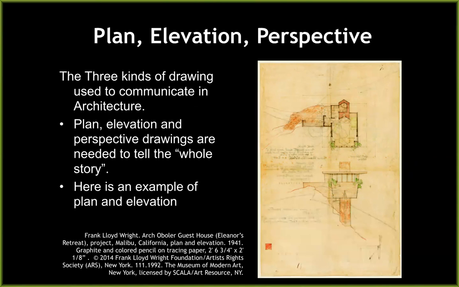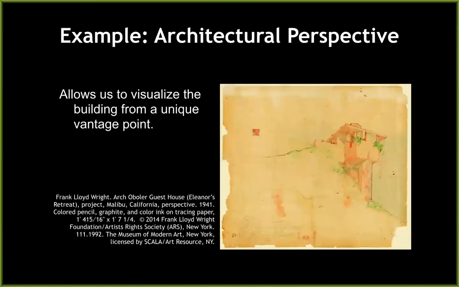Then there's an elevation drawing, which shows you what this is going to look like in comparison to the land. And then there's a perspective drawing, which shows you the finished or the concept from a particular vantage point and gives you that sense of depth and three-dimension.